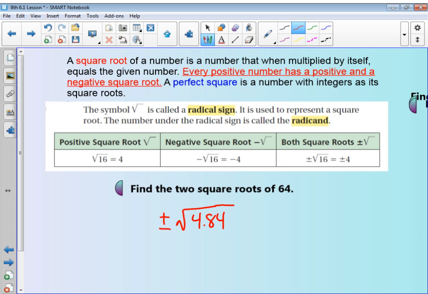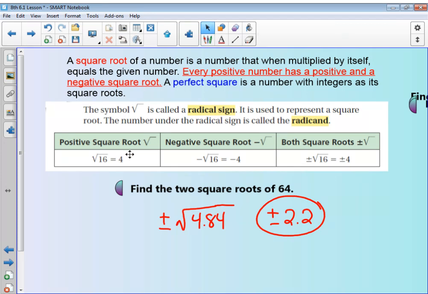We could find the square root of 4.84, which is 2.2, and then we can still do that same answer format for this. It's just I was working those perfect squares with you because I know that those are multiplication facts that you know. When you get into more advanced problems, can you use a calculator to help you? Sure. But we will also practice some different methods that you can use without using the calculator throughout this chapter.